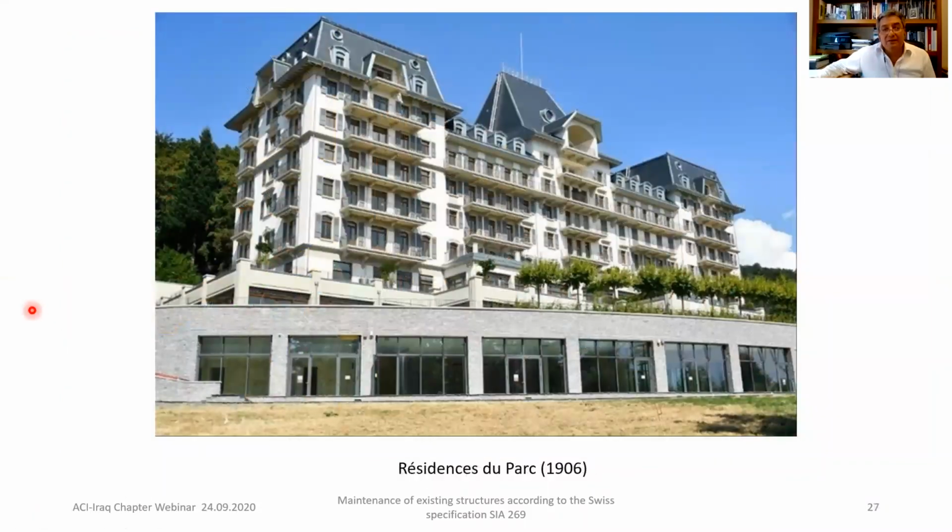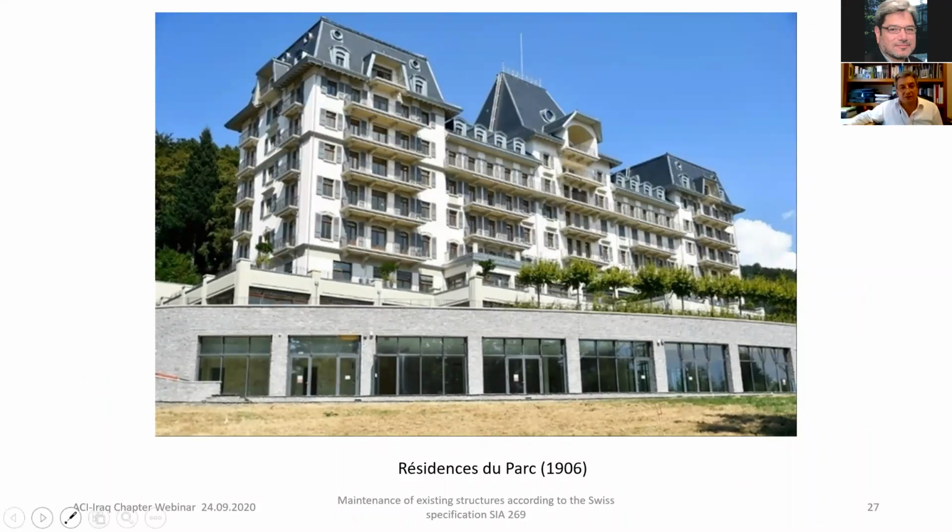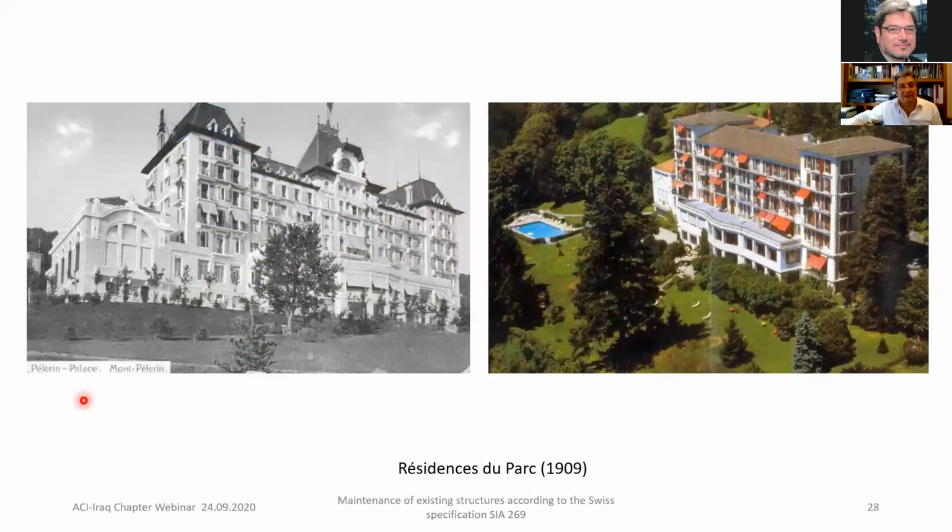The only building that I present is the Residential Park in Montpellier. Here, it's not far away from Vevey. It's a building. This is the final form. The building was constructed, I think it was 1909, not 1906.